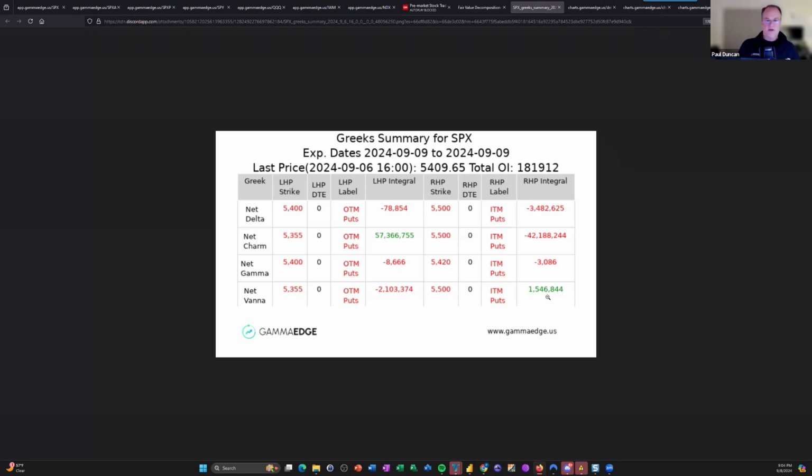In order to get a rally, a couple things have to happen. First of all, we have to start closing some of those in the money puts above us, right? The fear component. Those put holders have got to get scared and slam their long negative deltas shut. They've got to remove them from the book.